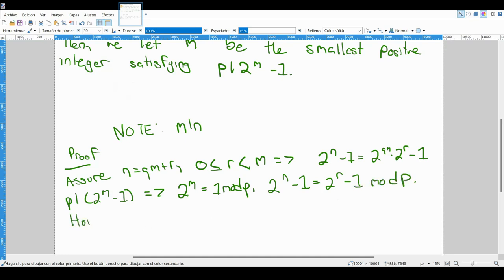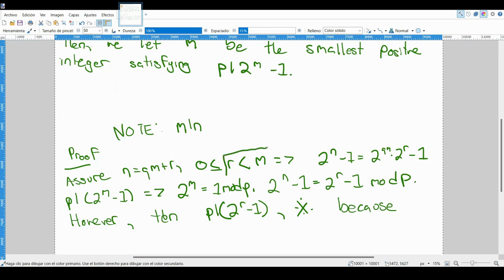However, if this is the case, then p divides 2 to the r minus 1. And we know that this is a contradiction. This is contradiction notation because r was assumed to be less than m.